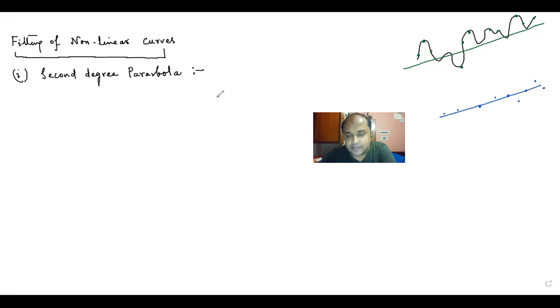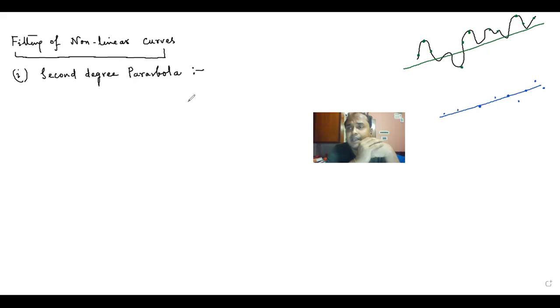So in that case, we have to do some sort of mathematical analysis to fit different types of curves to the given data. Now, there are different types of curves. Second degree parabola fitting, exponential curve fitting, and linear curve fitting are there. One type of linear curve fitting is the regression curve fitting, which has already been discussed.